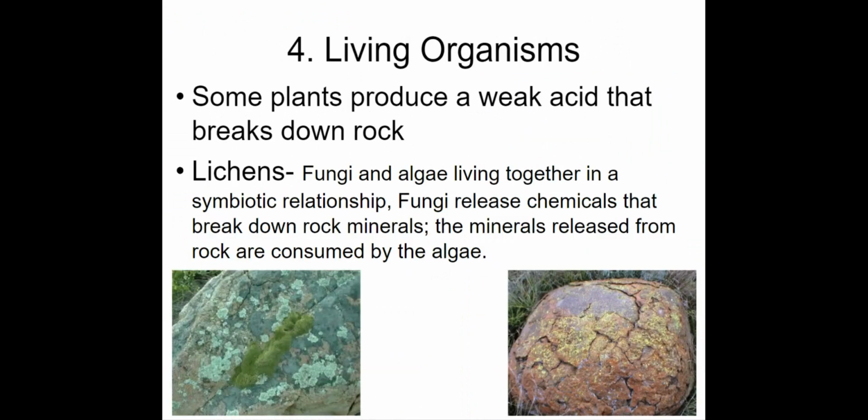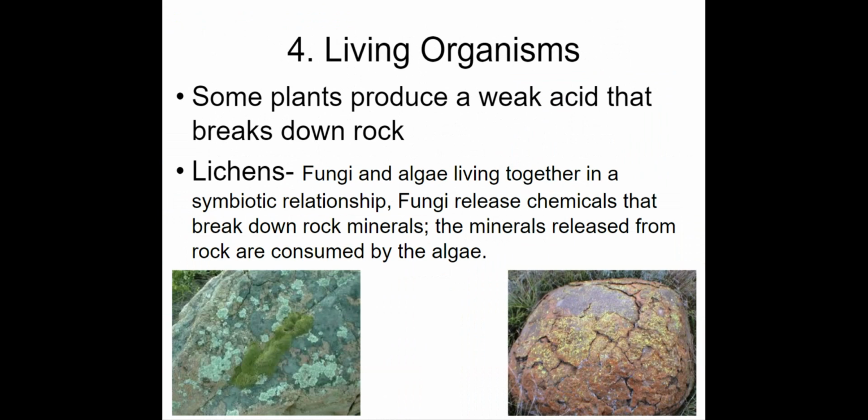So we said living organisms can, with the plants, create root pry, and they can dig in the ground and break up the rocks. Well, we also have living organisms acting as a type of chemical change as well. Some plants excrete a weak acid that can break down rocks. Lichen are an example of this.